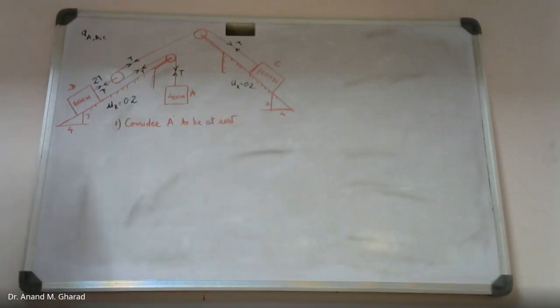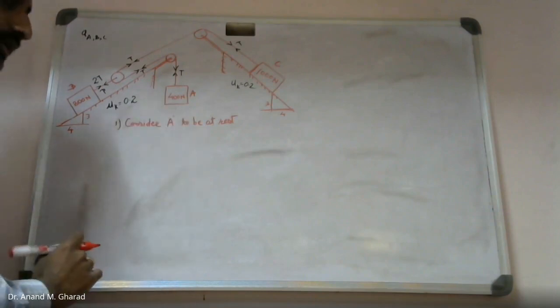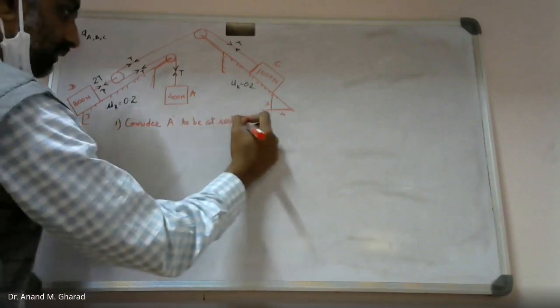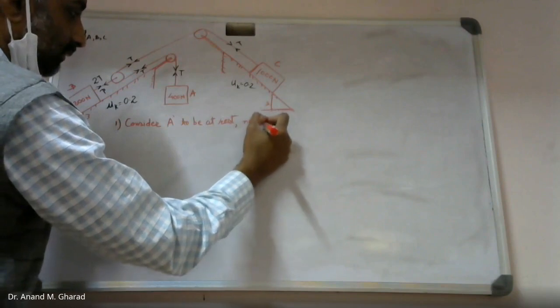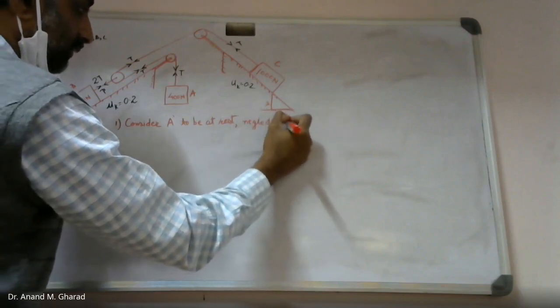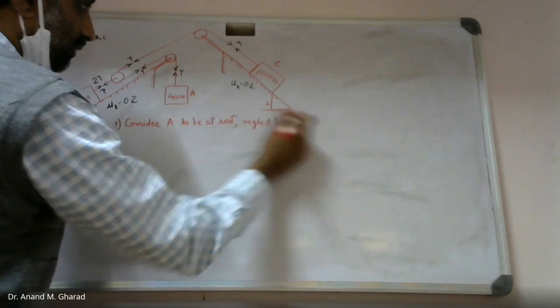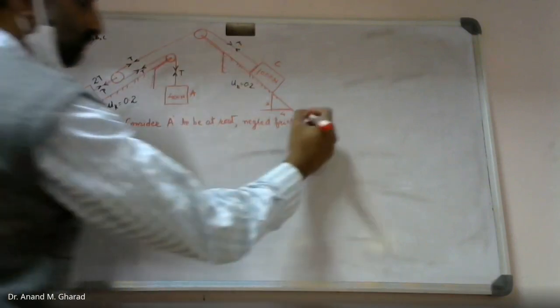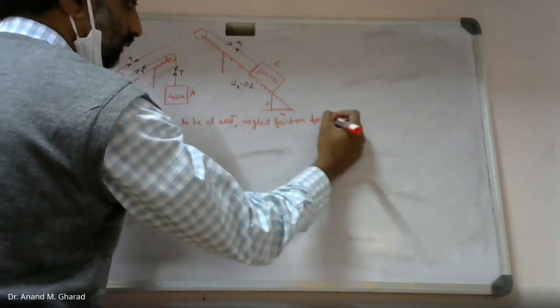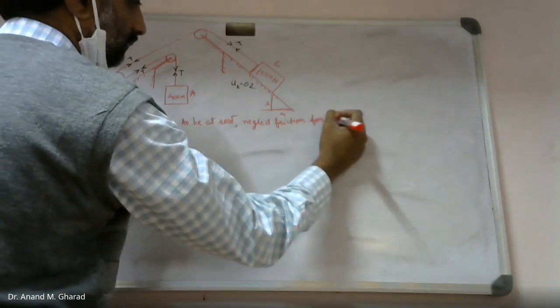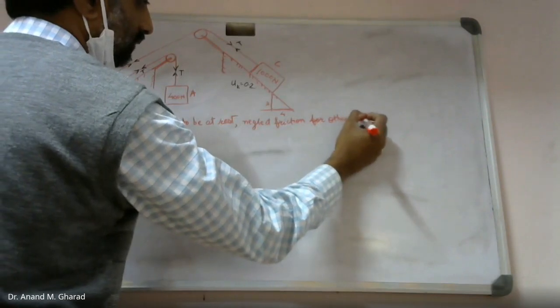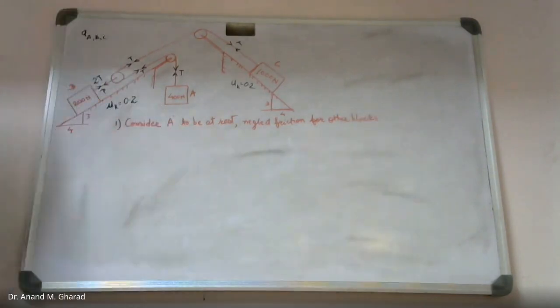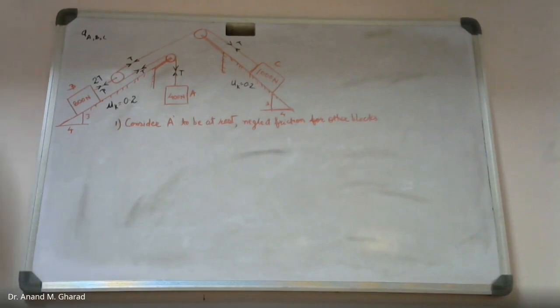Okay, we will consider that block A to be at rest, and we will neglect the friction for all the other blocks, that is block B and block C. This is what we will assume. Based on this assumption, let us now try to find out what should be the final direction of motion of each block.